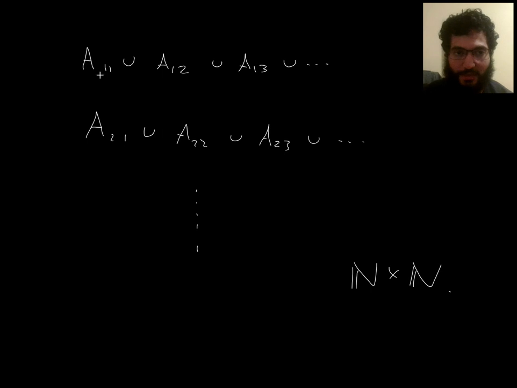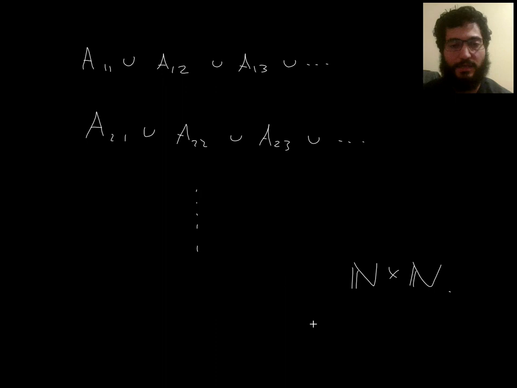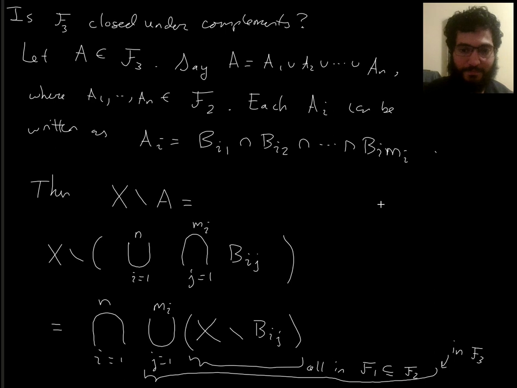Like trying to write fractions in all these places, like 1 over 1 here, 1 over 2, 1 over 3, 2 over 1, 2 over 2, 2 over 3, with repeats maybe, and then you go down trying to list them all in one linear sequence in order to prove that there are countably many rationals. So a countable union of countable unions is a countable union, and that should only make you feel as weird as you feel about the rationals being countable.